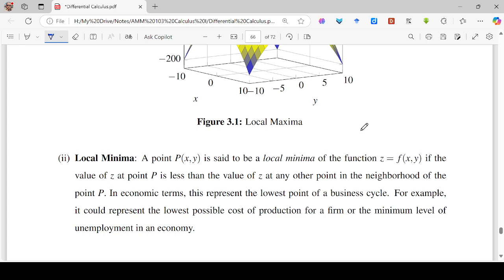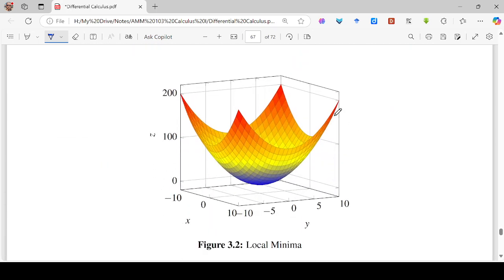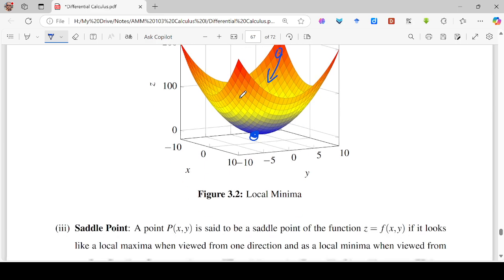For example, it could represent the lowest possible cost of production for a firm or the minimum level of unemployment in a given economy. And this is how a minimum point may look like. Imagine that if you place a ball somewhere here, it will move down to the lowest point here. This lowest point is what we are calling the local minima or the local minimum of that function.